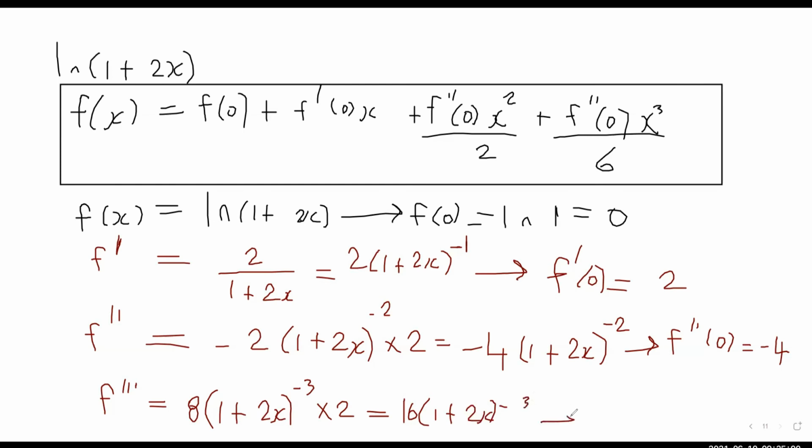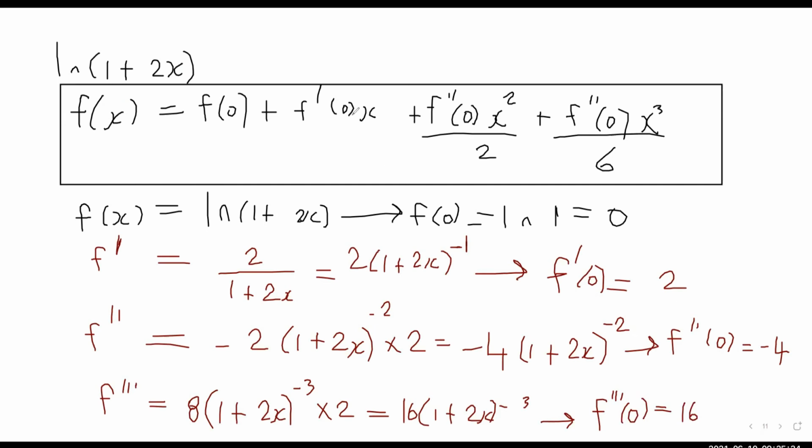Nice. So that implies that f triple prime of 0 is equal to 16. All right, so good so far. Now is where we substitute back into the Maclaurin formula. So ln 1 plus 2x is equal to f of 0, which was 0, plus f prime of 0 times x, which we found to be 2 times x.